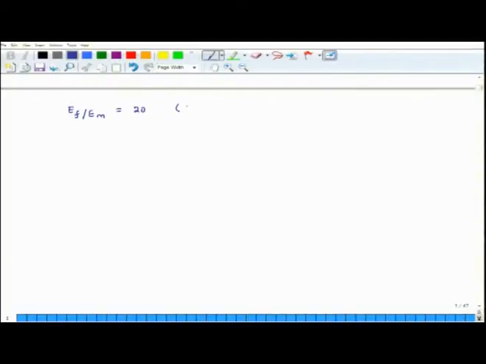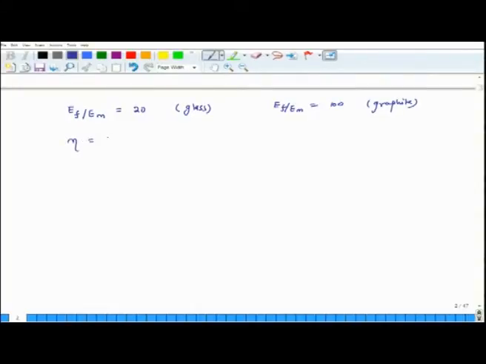It is 20 for glass and E_f over E_m is 100 for graphite fibers.